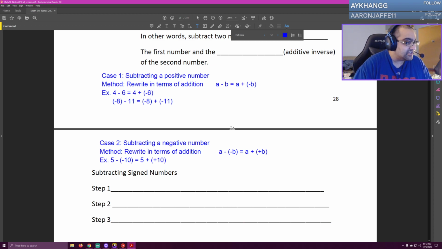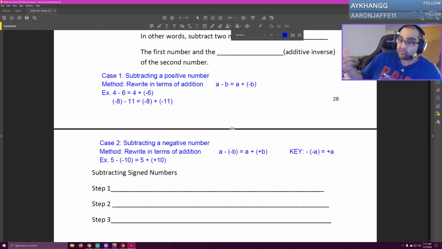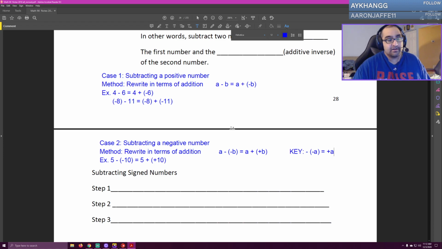The big key here is that the negative of a negative number is going to be the positive of that particular number. So two wrongs make a right. That's another way to phrase that. That's how we look at that in this case.